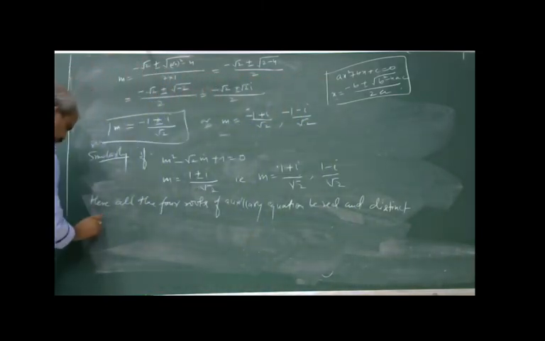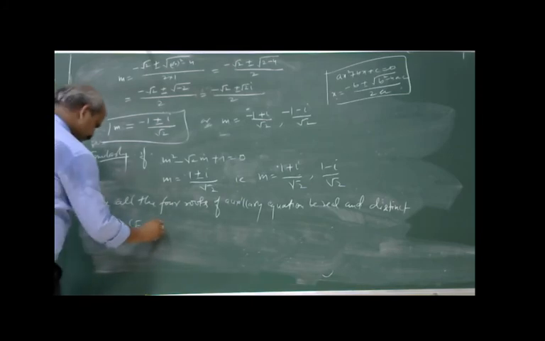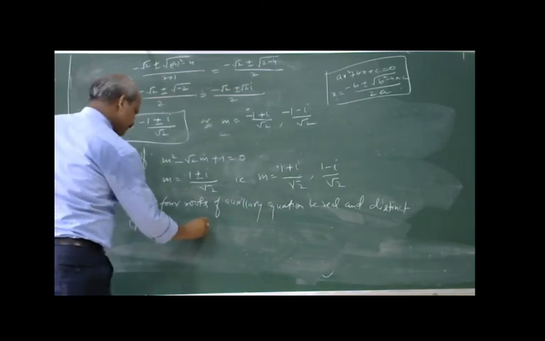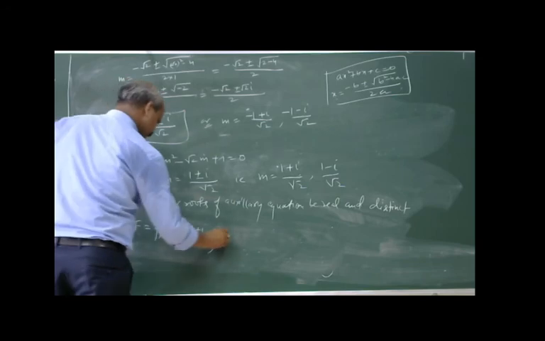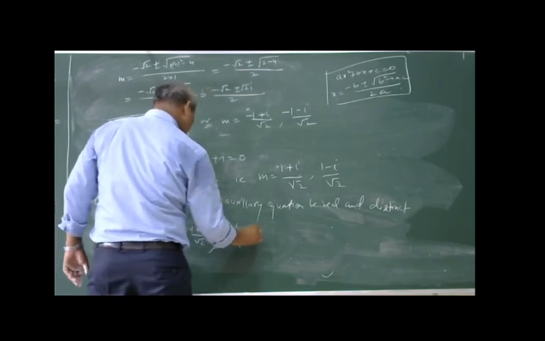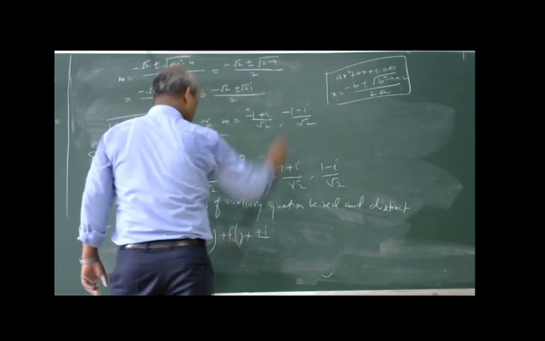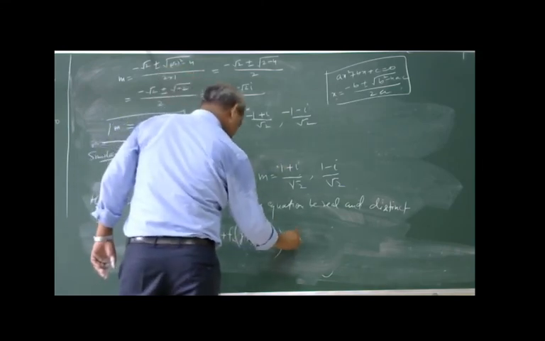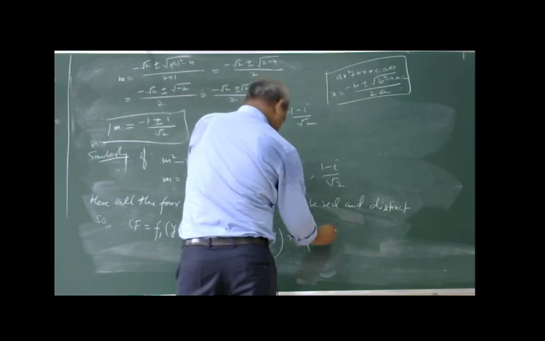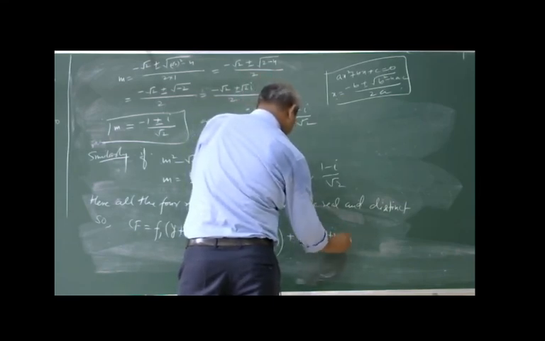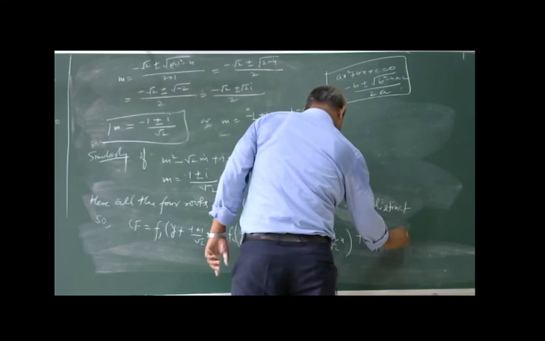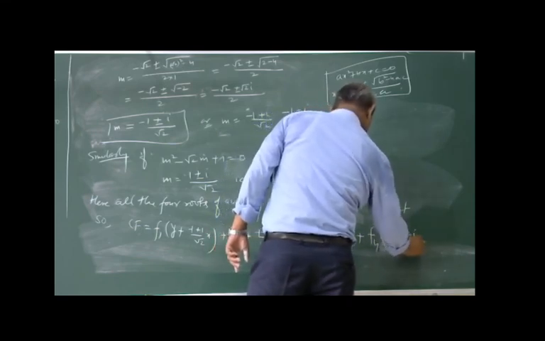So CF is equal to f1(y + ((−1 + i)/√2) x) + f2(y + ((−1 − i)/√2) x) + f3(y + ((1 + i)/√2) x) + f4(y + ((1 − i)/√2) x).